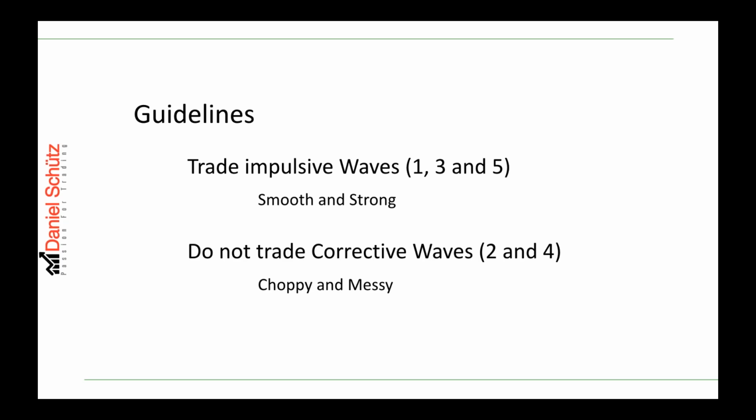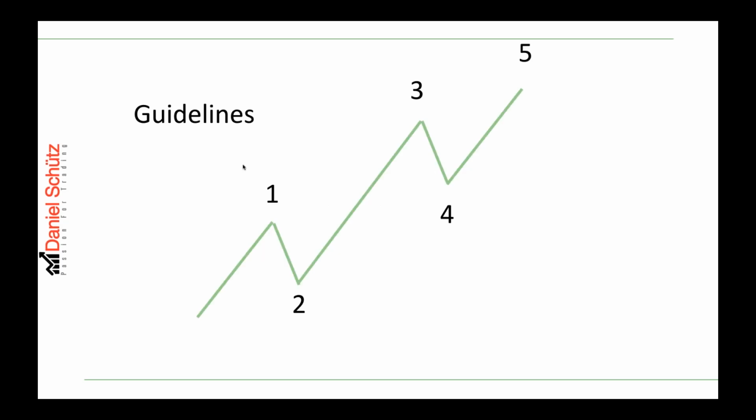Those are choppy and messy. The candles are small, they often overlap. We have frequent change of black and white or red and green, whatever your candle color is. And there you can see you're in a correction. And remember, if it smells funny, I don't eat it. So concentrate on the impulse waves.